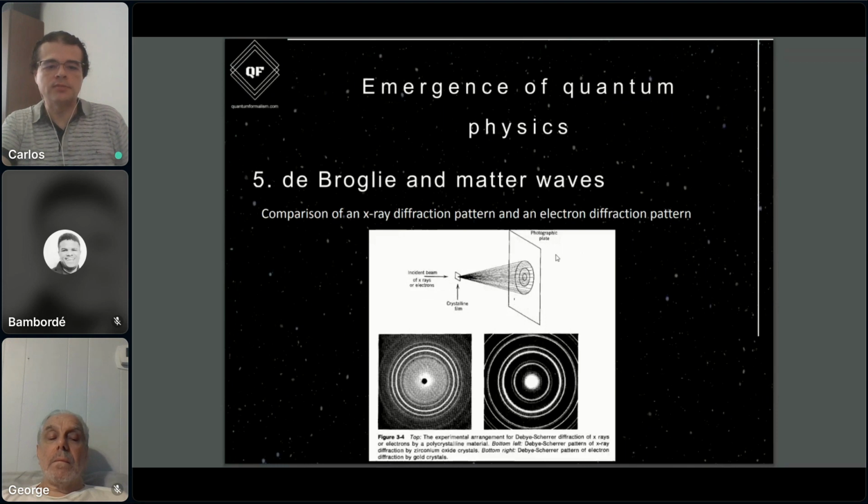On the left are the results for X-rays, the Debye pattern of X-ray diffraction for this type of crystal, zirconium oxide. And on the right is the pattern from electrons in gold crystals. So it shows that electrons also have a wave structure, very similar to the radiation.